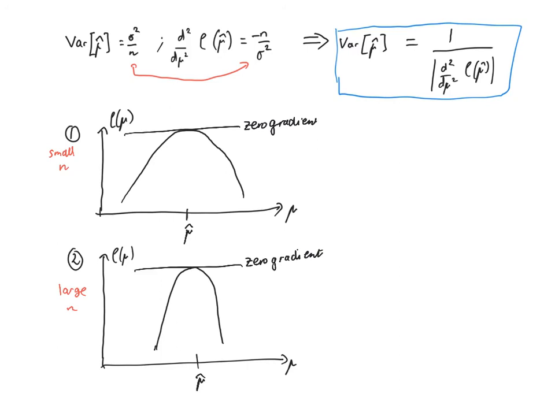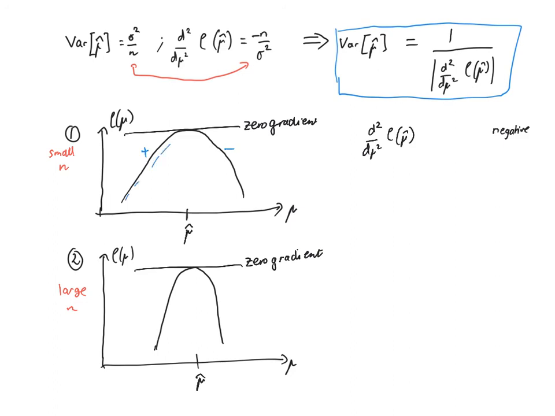Now let's think about the value of the second derivative, d2 by d mu squared, of the log likelihood at the maximum likelihood estimate. In this case here, we know it's going to be negative, because we're changing from a positive gradient to a negative gradient. But here the change is quite slow, because we're going up slowly and then down slowly.